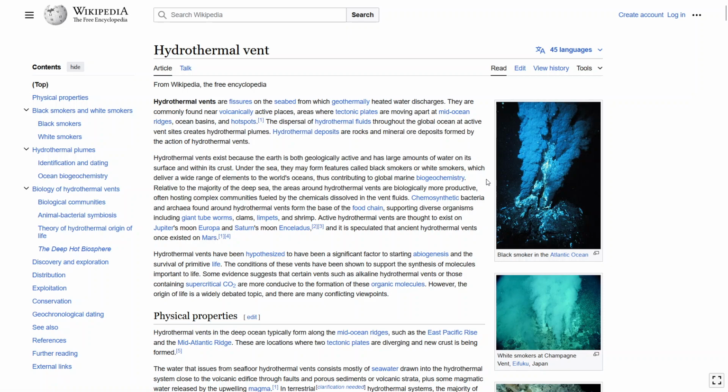So this is a possibility, the hydrothermal vent, which also is heated, which provides the energy, and also provides some chemical elements.